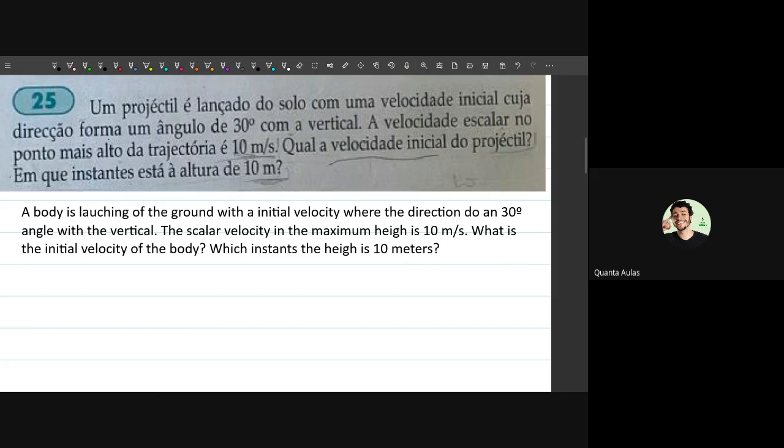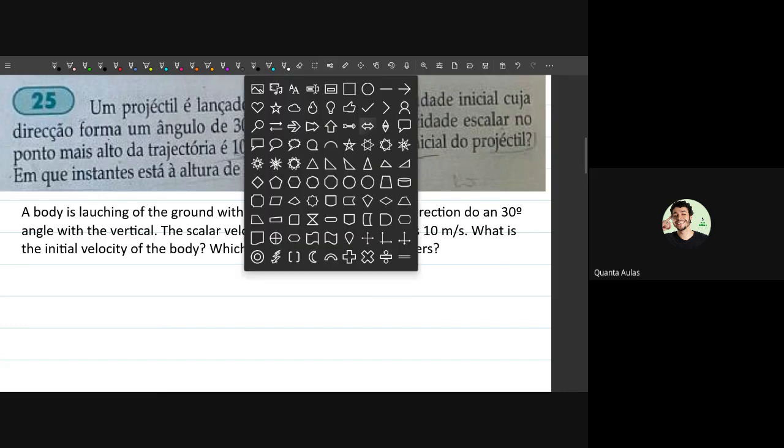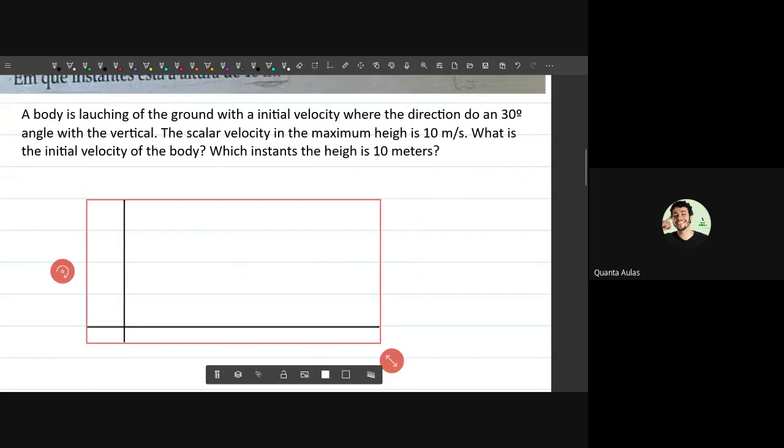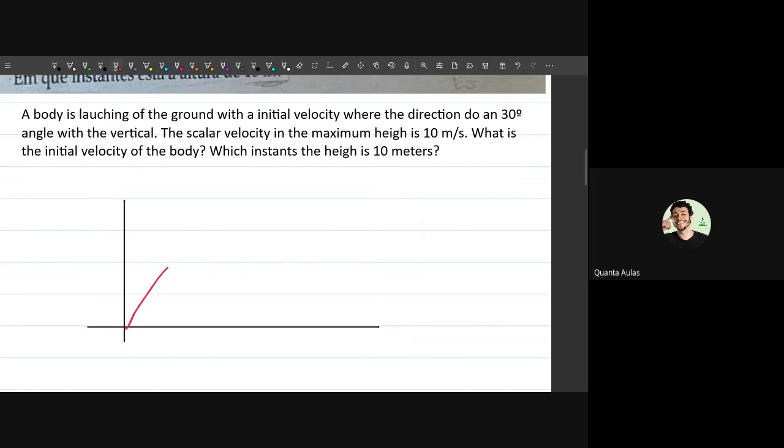You need to make a drawing to understand. I suppose this will help you, like I did in the last problem. You know the velocity here.